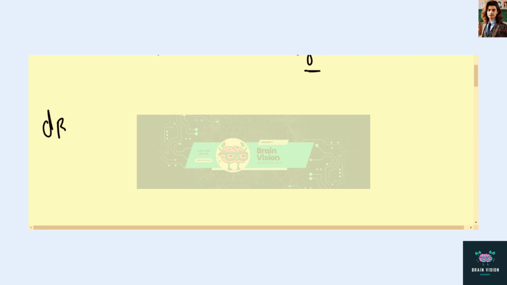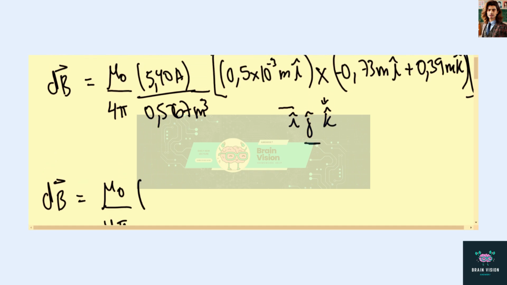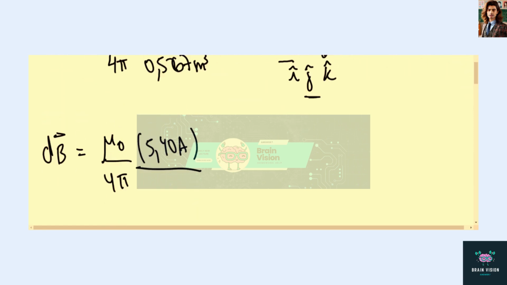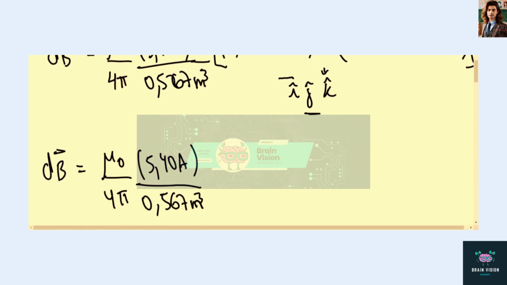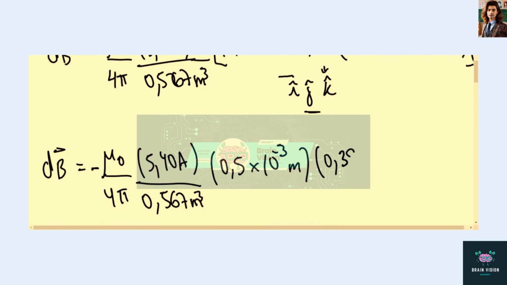So with that in mind, we can just simplify that as the following: mu sub 0 over 4 times pi over the distance cube, which is 0.5 meters cube. And so from there, as I said, we'll obtain the product between these two. So we will have minus the product between 0.5 times 10 to the minus 3 meters times 0.39 meters.